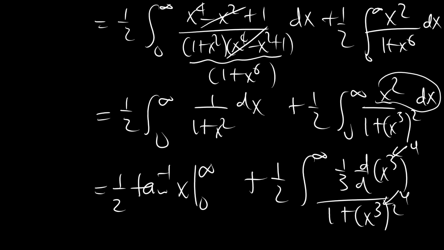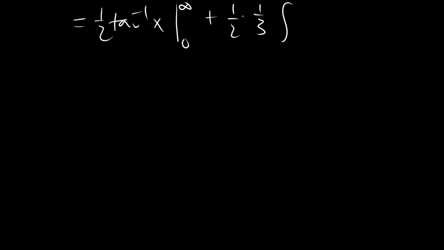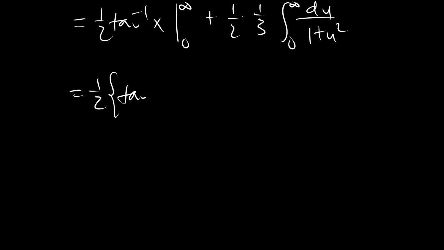So we have half arctangent of x from 0 to infinity, plus a half, a third. Let me just write up everything.